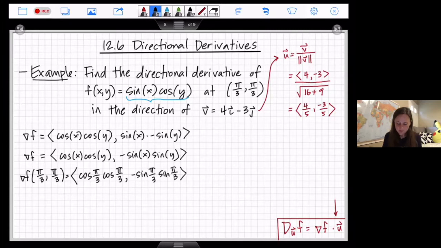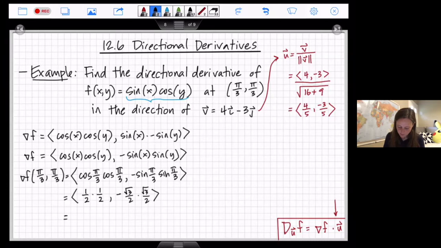Unit circle time if you don't have that memorized. Cosine of pi over 3 is 1/2, so I'm going to have 1/2 times 1/2. Then I've got negative, and sine of pi over 3 is root 3 over 2.